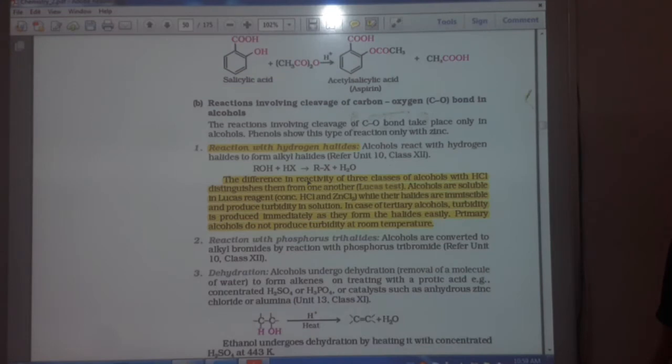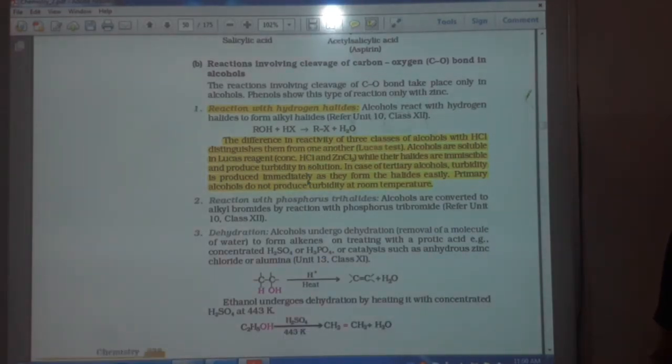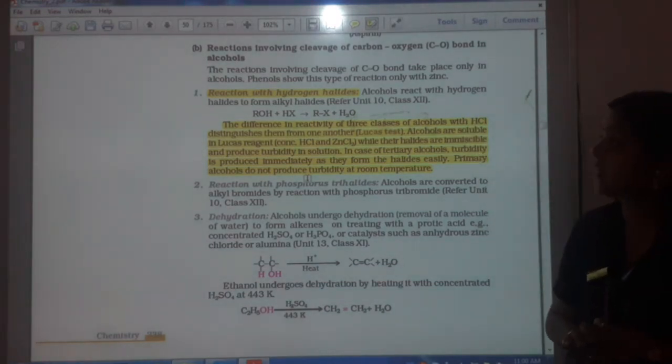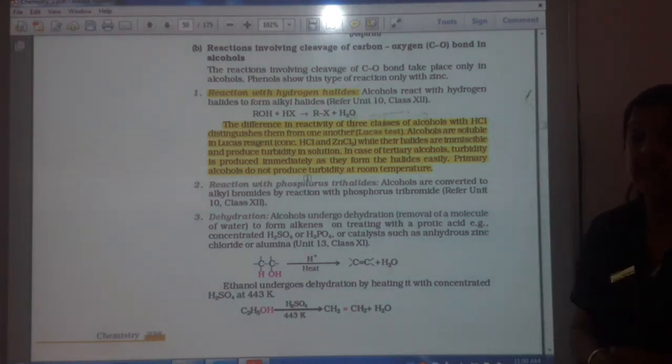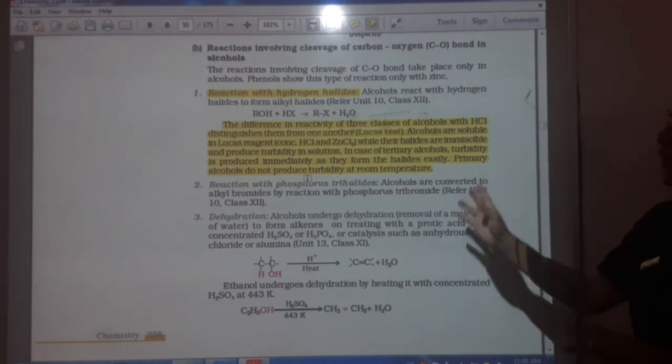Next one is, till now we were seeing cleavage of OH bond. Now we will see cleavage of CO bond. First one is when it reacts with hydrogen halide. It can be HCl, HBr, HI. How does it happen?